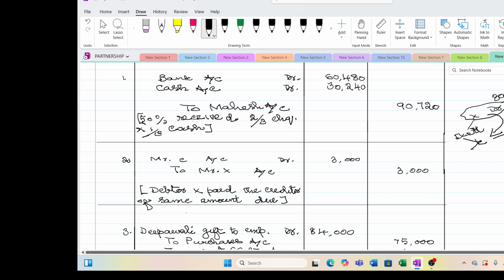And our liability to C is also over, because the money is paid by X. So we are debiting C account and crediting X account, because the receivable amount has been received indirectly by C.